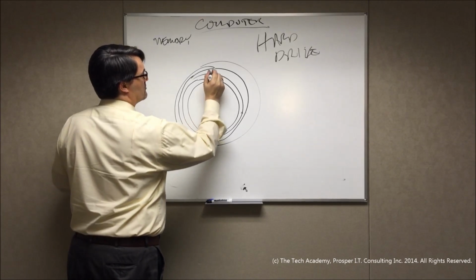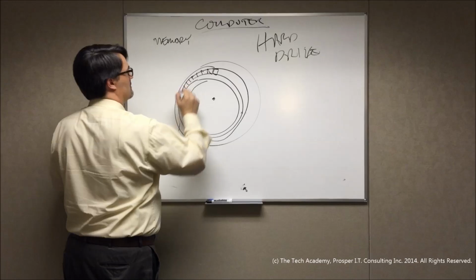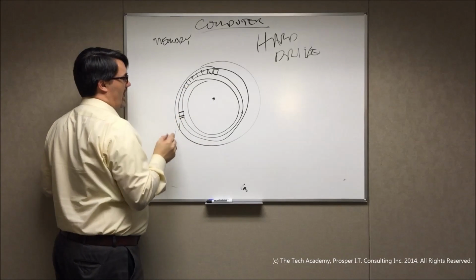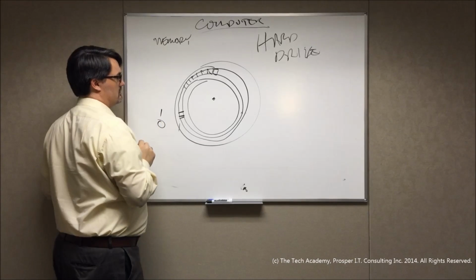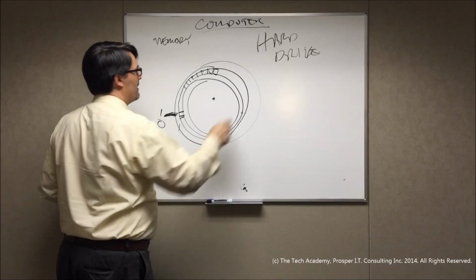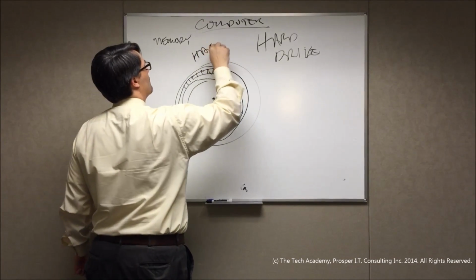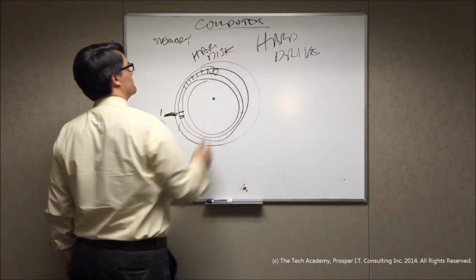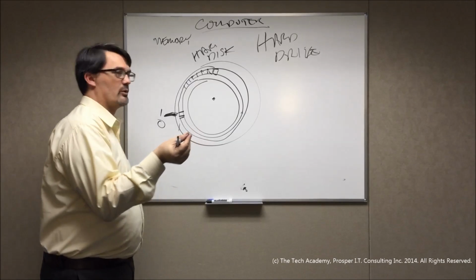And what if every single one of those rings was divided into little teeny sections? And every single one of those sections could either have a magnetic 1 or 0. The particles were aligned in one direction or they weren't. That would be a hard disk. You physically pick it up like a record, right? If you don't know what a record is, I'm sorry.